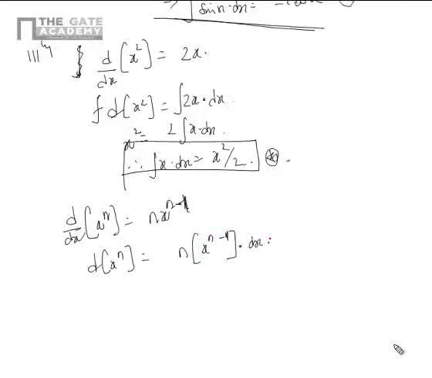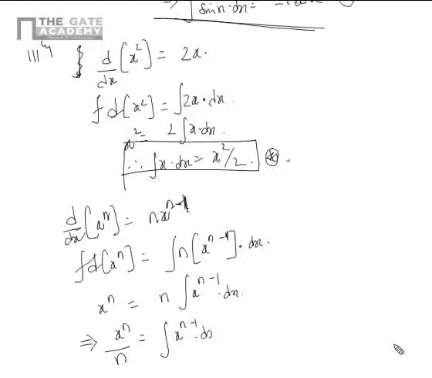If I integrate both sides, I will get x power n is equal to n integral of x power n minus 1 dx, or I can write it as x power n by n is equal to integral of x power n minus 1 dx.